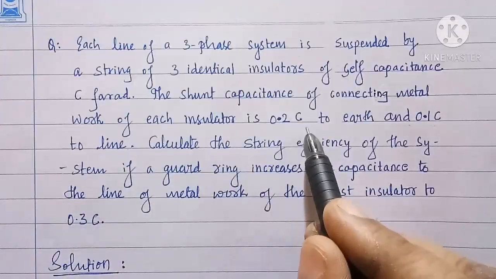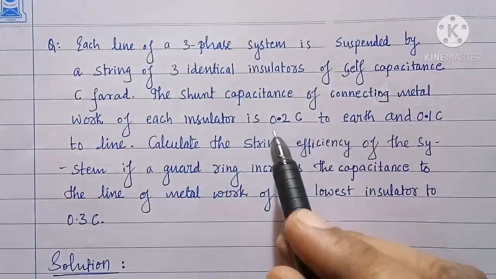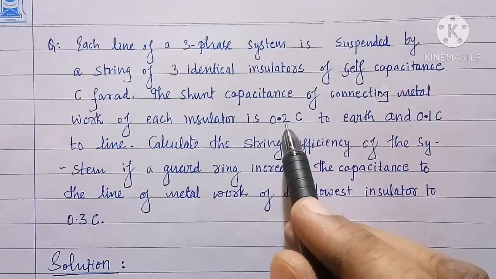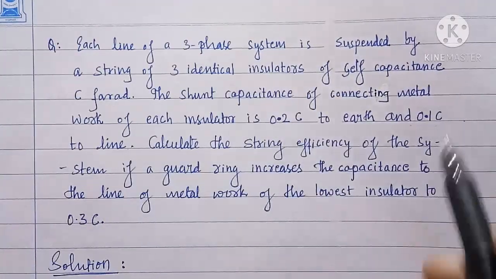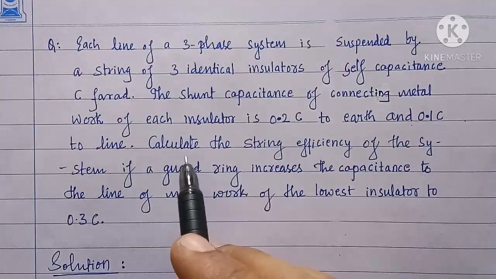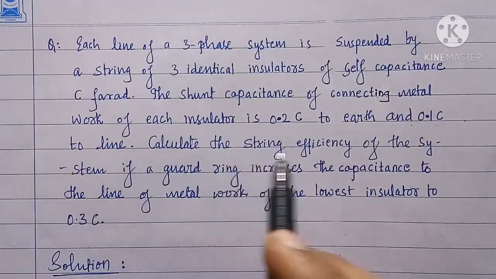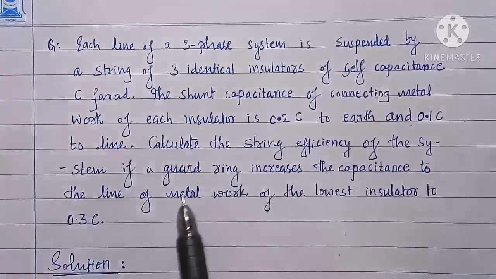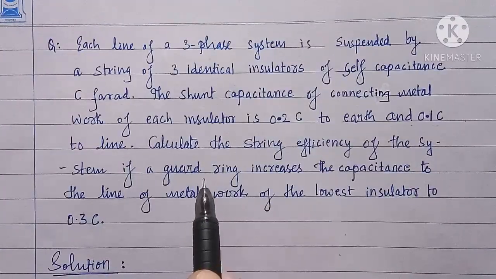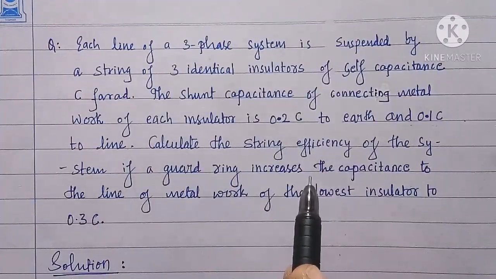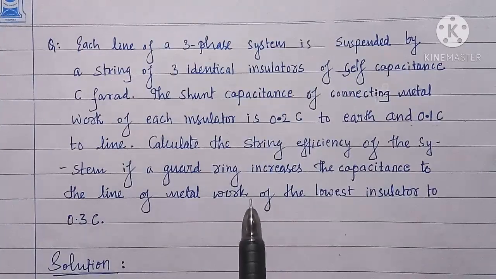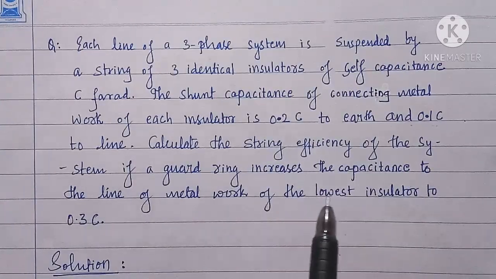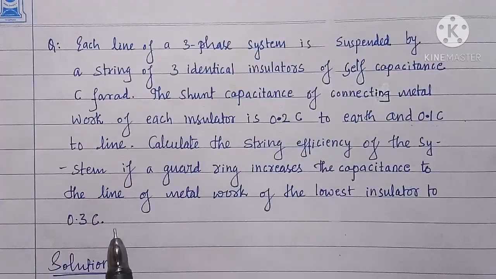Here 0.2 C and 0.1 C means 0.2 times capital C and 0.1 times capital C. Calculate the string efficiency of the system if a guard ring increases the capacitance to the line of metalwork of the lowest insulator to 0.3 times capital C.